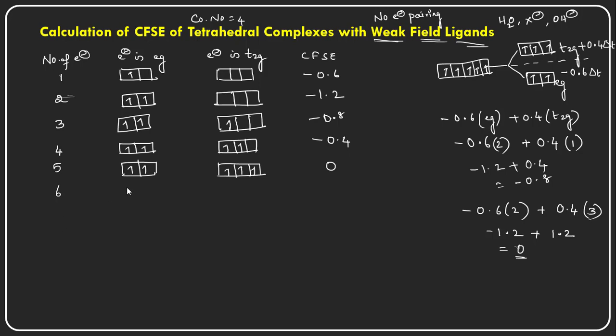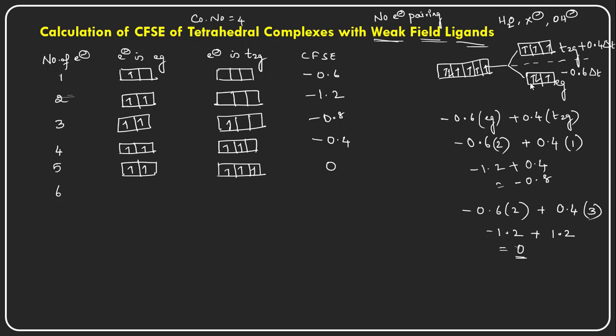And for the sixth electron, now where will the sixth electron enter? The sixth electron is in the d orbital here. So where the sixth electron enters, since all the Eg and T2G orbitals are having one electron in each, the pairing will take place now, and that is also in the lower energy state, that is the Eg orbital.